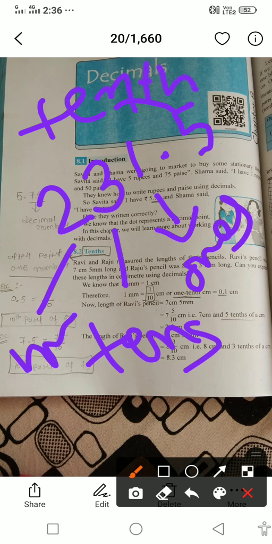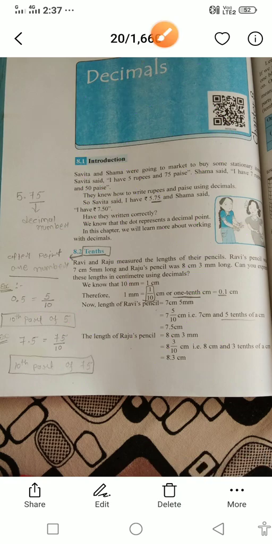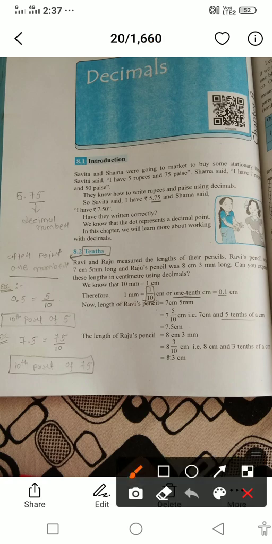So there is a difference here: tens and tenths, only the 'th' is different. What is the meaning of tenth? Tenth means after the point there is only one number. I have written that over here, and it is called tenths. In the decimal part we have to learn only what tenth is.